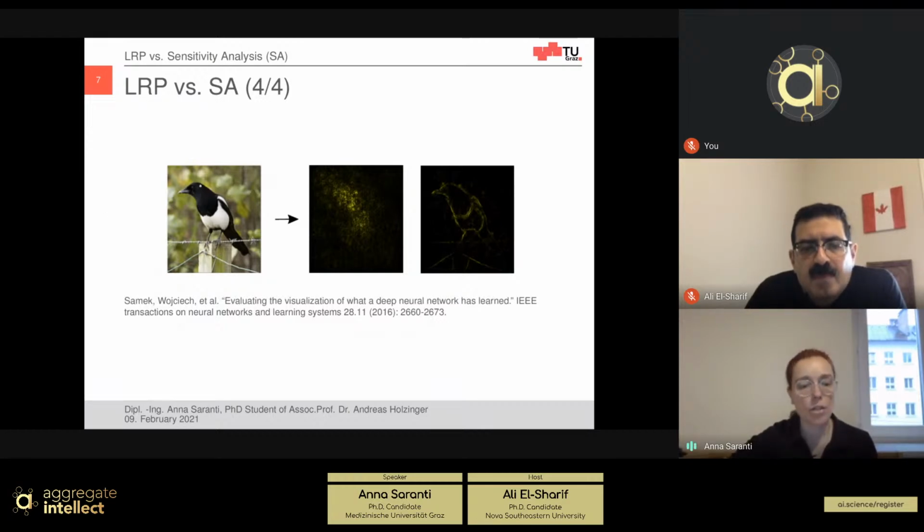Now, the edges of the bird and the change in its color and its feet and the place that it sits on are much more relevant than this middle area that could be anything. So this is a very fundamental difference between other heat mapping methods and LRP from the visual aspect or from the interpretation aspect.